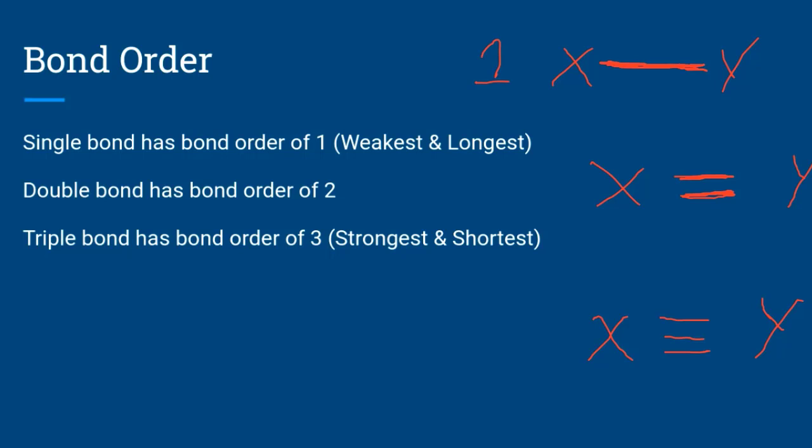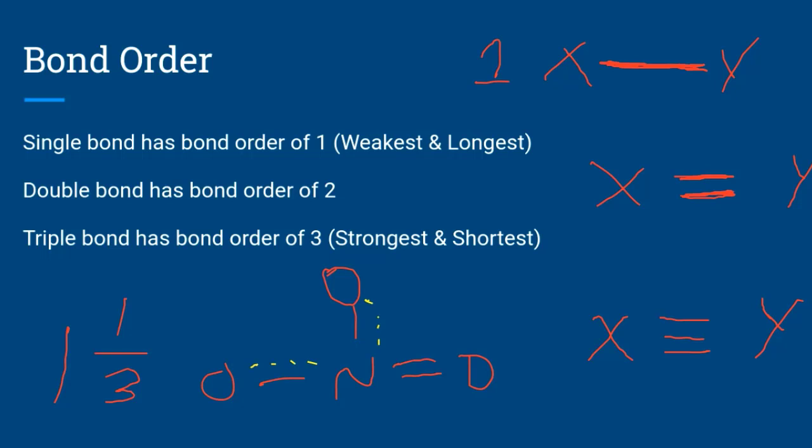Now, like I showed you in the last example, a bond order of 1 and 1/3 is possible. And that happens through resonance. In nitrate, you can have this double bond be distributed between these three oxygens equally. So that's when a bond order of 1 and 1/3 takes place.